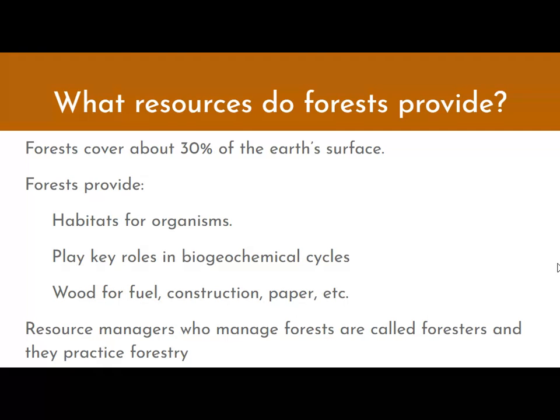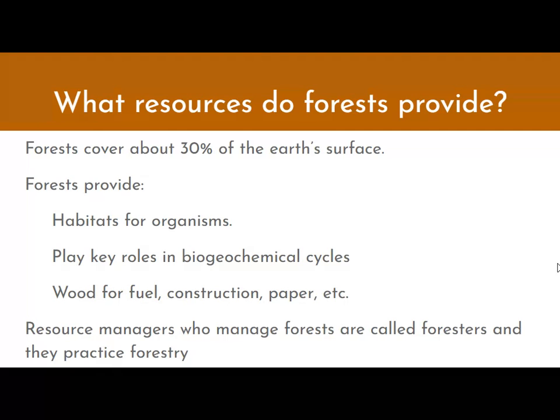On a more human-centric idea, forests give us wood for fuel, construction, so building things, paper, etc. All the things we talked about yesterday. Everything from the paper you're writing on to parts of the building we are sitting in. Lumber resources play a very, very large role.